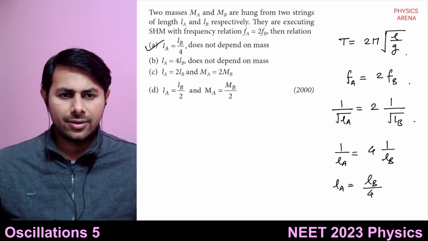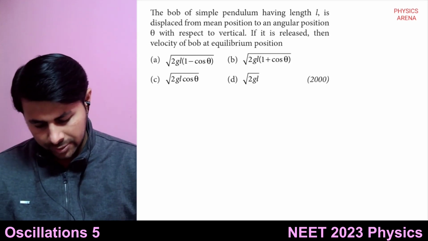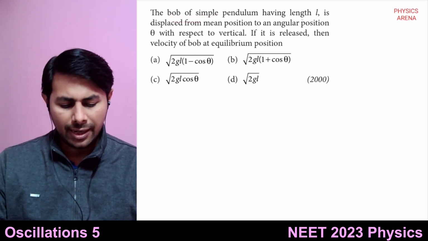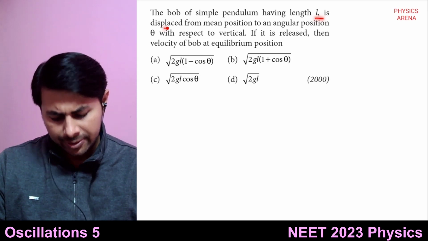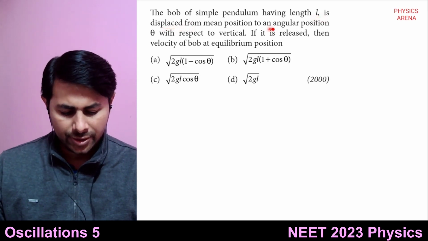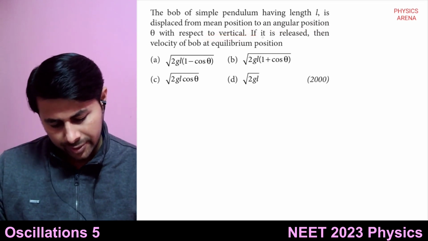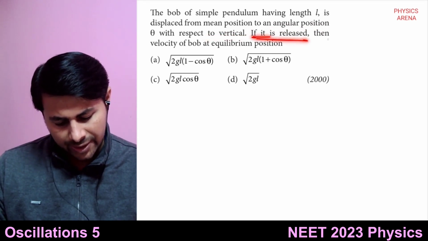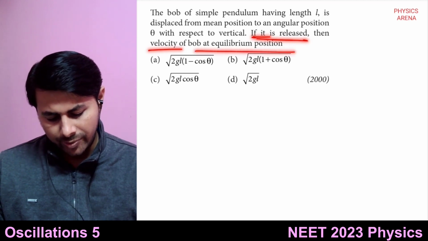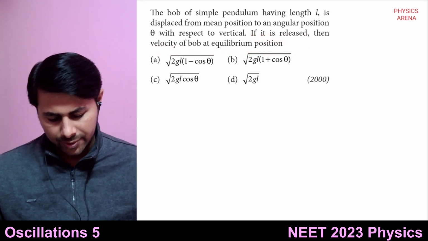It's option A, right? Bob of a simple pendulum having length L is displaced from mean position to angular position theta with respect to vertical. If it is released, then find the velocity of the bob at the equilibrium position.